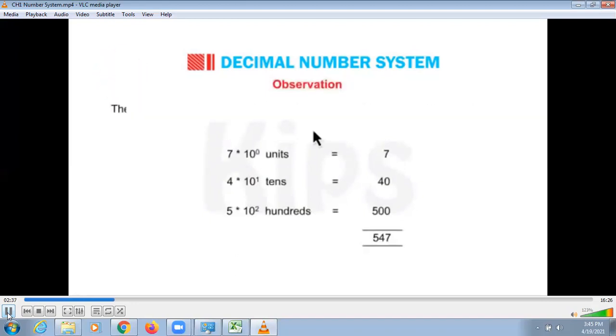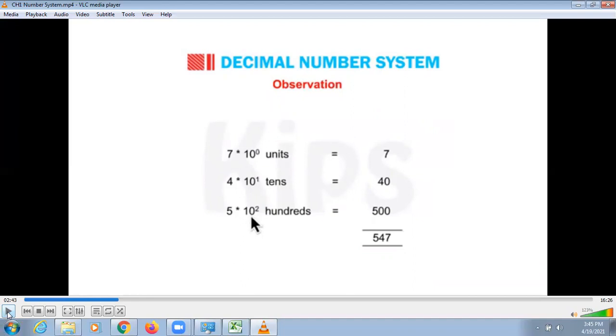From this, we observe that the positional value of each digit increases 10 folds as we move from right to left. So here we are multiplying every digit with 10 raised to a power. Why are we taking this 10? Because all the numbers are the combination of only 10 digits, from 0 to 9.